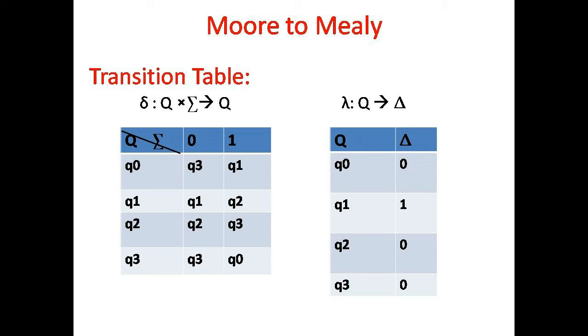The state function del for this Moore machine is shown in the table. That is, del of Q cross sigma produces the state Q. Similarly, the machine function lambda is shown in a table. That is, Q produces the output alphabet.